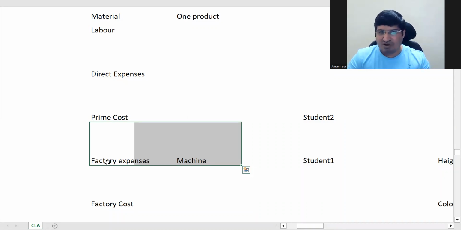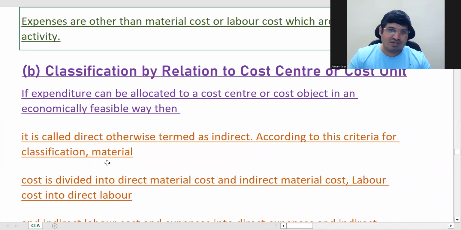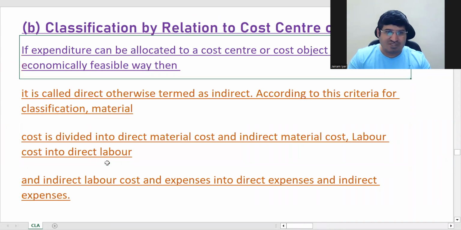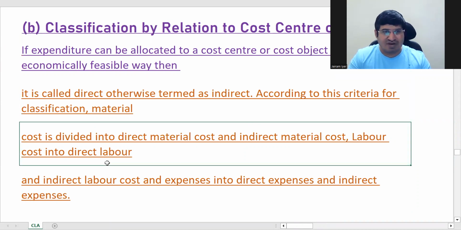Getting the point of what I'm trying to say? So this is classification in relation to cost center or cost unit. When you use this, there can be some items of factory expenses also which will become direct.